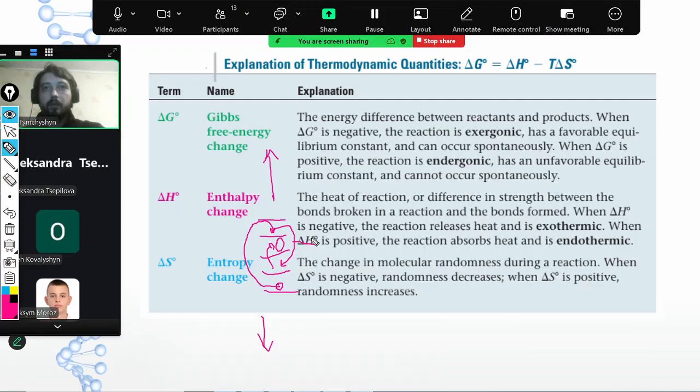The value of G that I get here will not depend on this path. I could immediately take it to here and that will be pretty much the same.